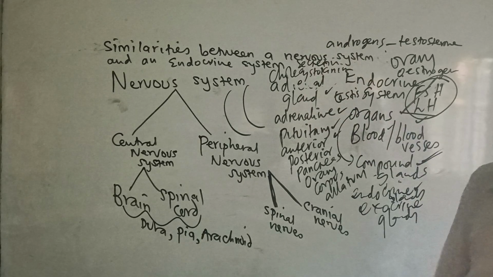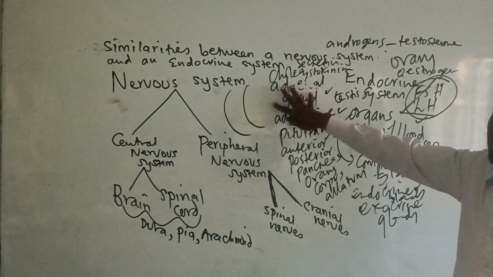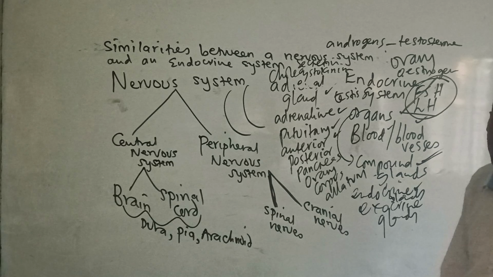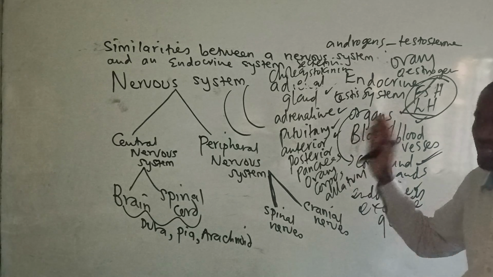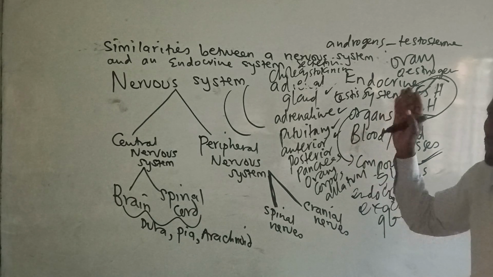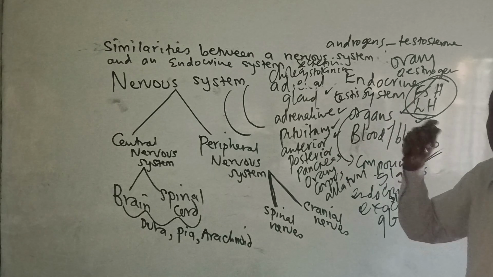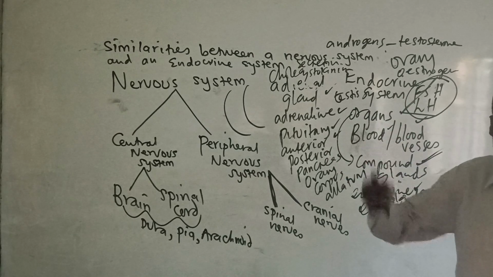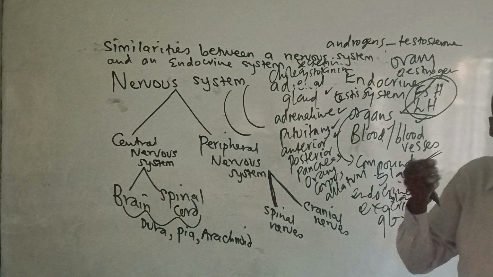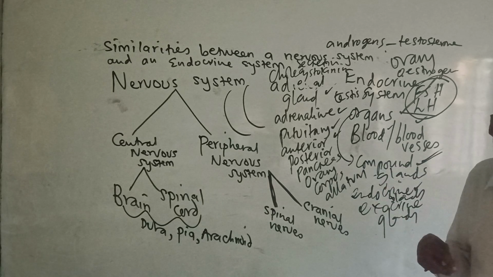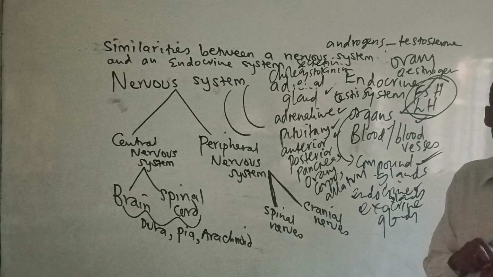As we get back to our question, they all provide a means of communication in the body of a human being. They all involve sending or transmitting a message due to a particular stimulus or response. If someone pinches my skin, that's a stimulus.